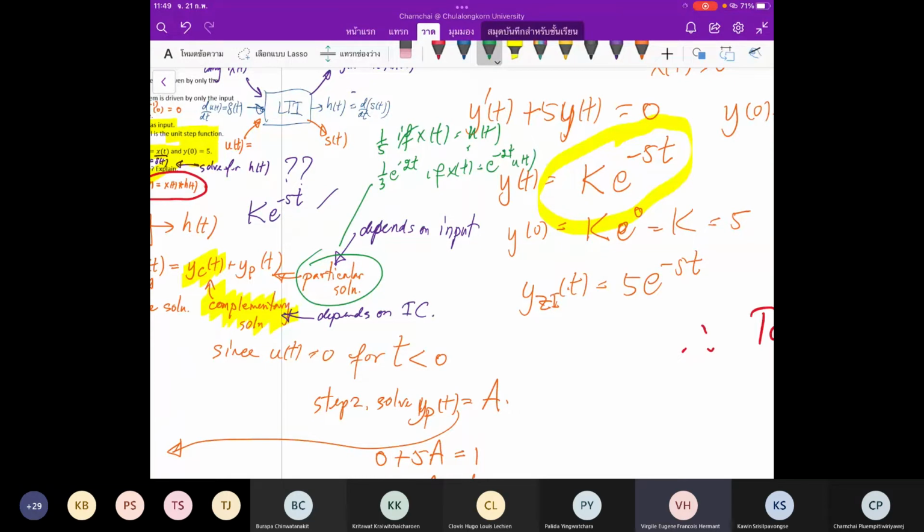So the particular solution depends on the input. The complementary solution depends on the initial conditions, and there are two initial conditions: when y(0) is equal to 0 and when y(0) is equal to 5. When y(0) is equal to 0, it is called the zero state response.